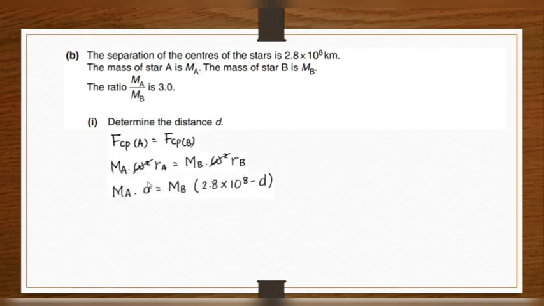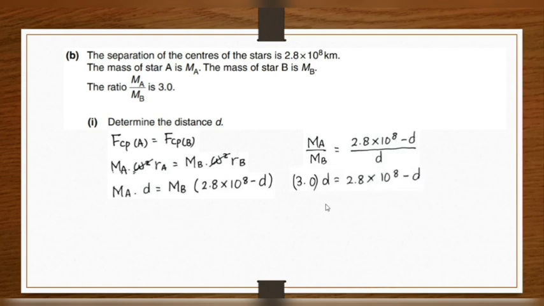RA is equal to d. RB is equal to 2.8 times 10 to the 8 minus d. MA over MB is given. It is 3. So we can calculate d using this equation, and we get d equals 7 times 10 to the 7 kilometers.